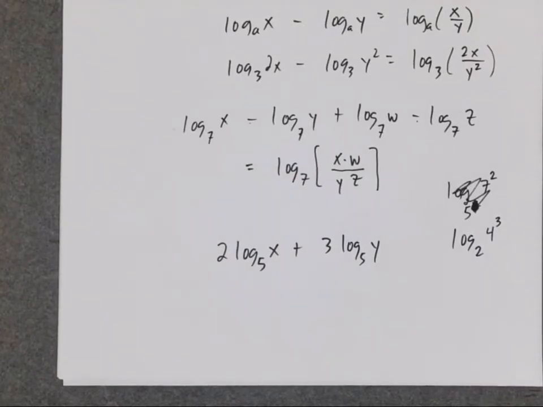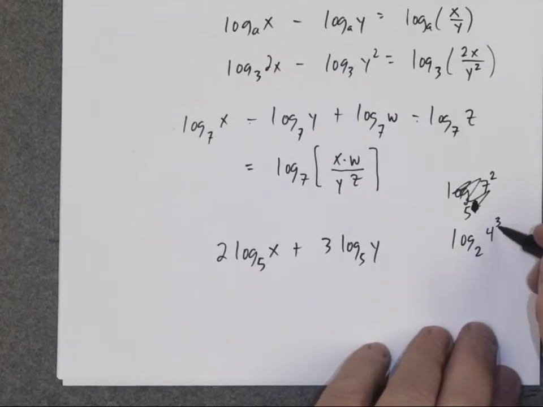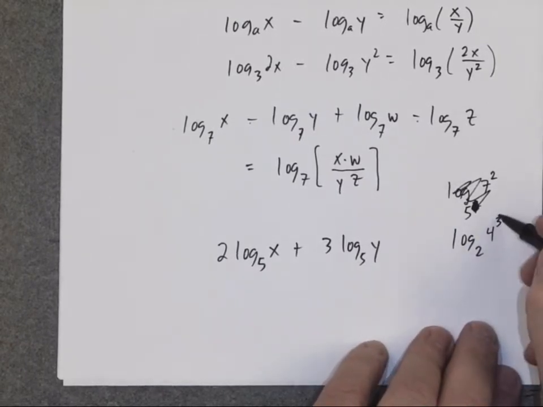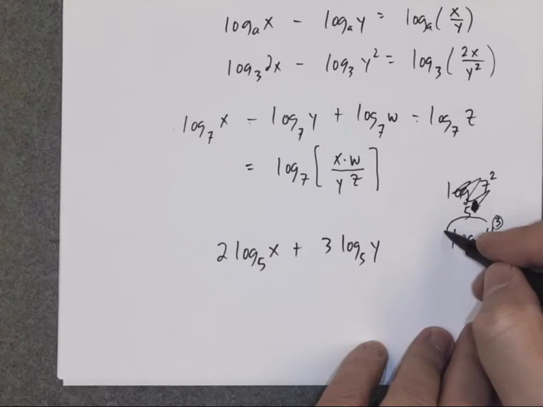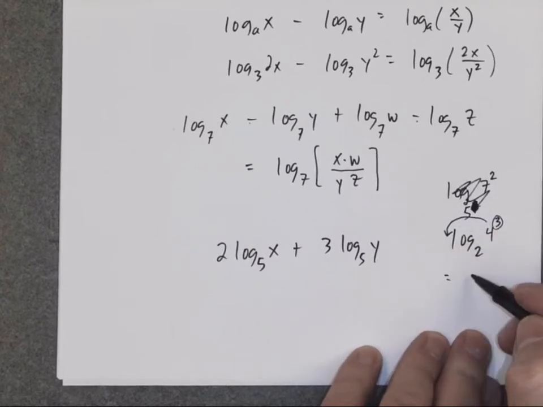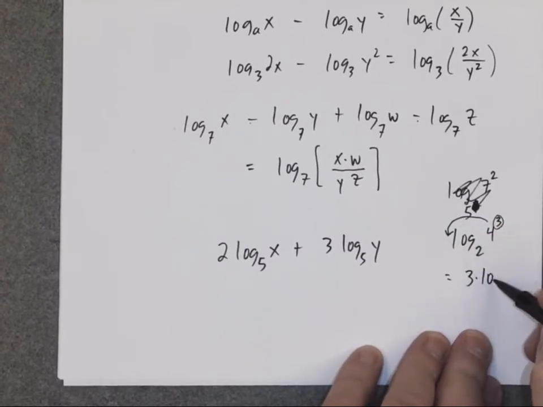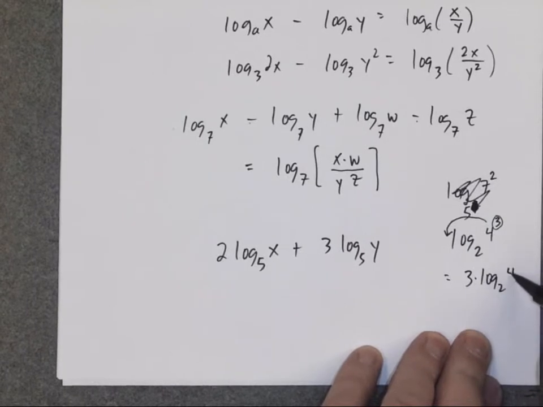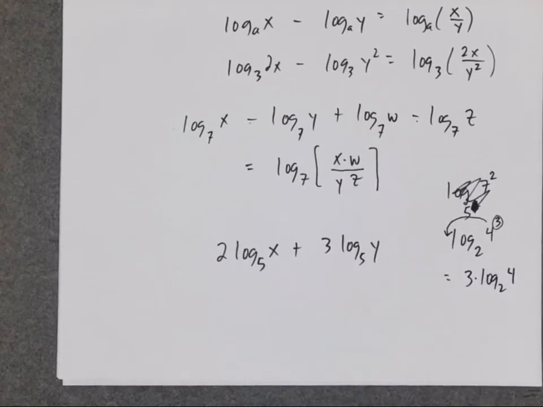Remember I said one of the special rules of logs is whenever you have an exponent inside the log, you can actually move the exponent in front of the log.